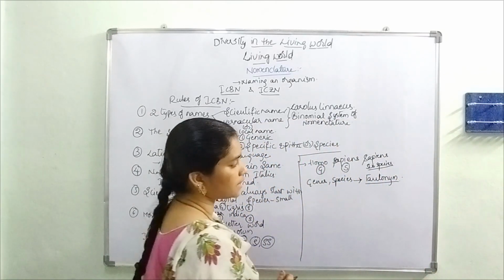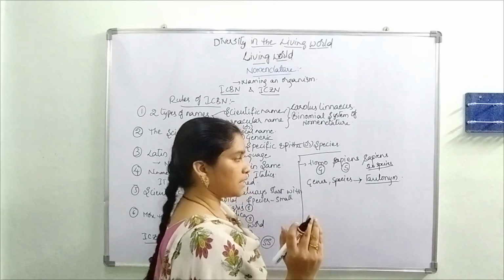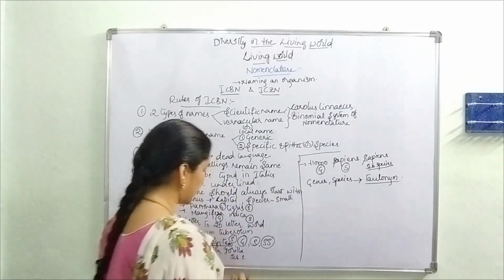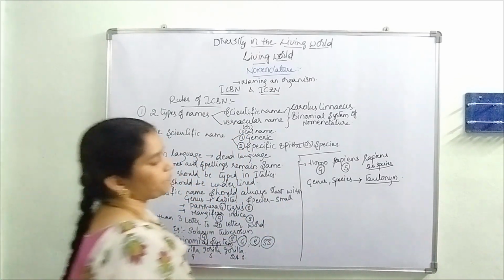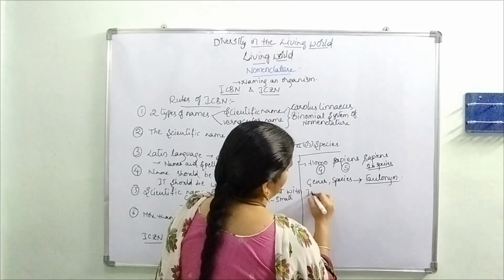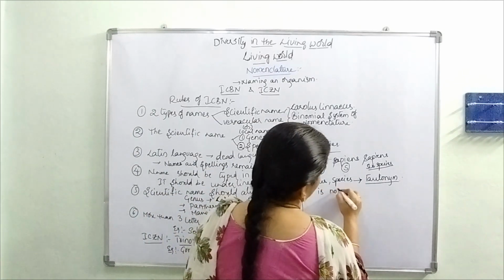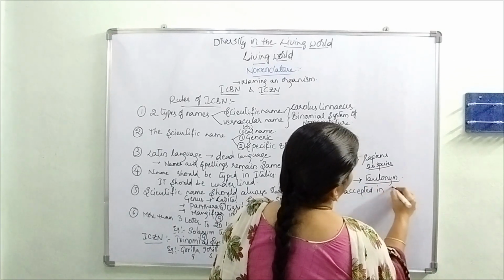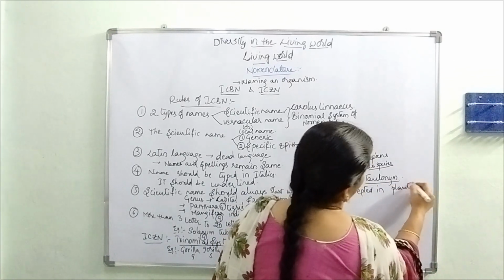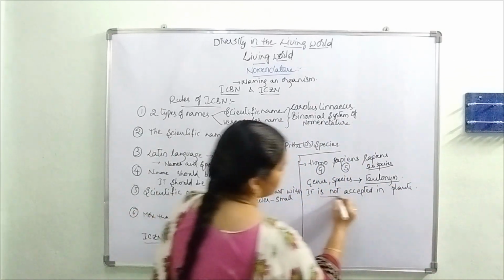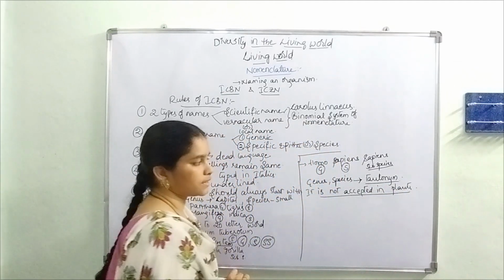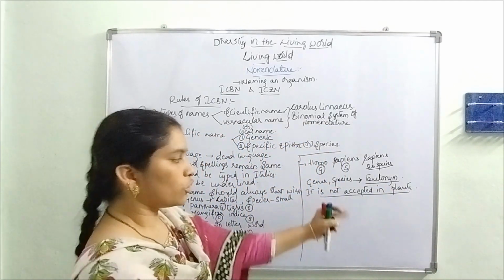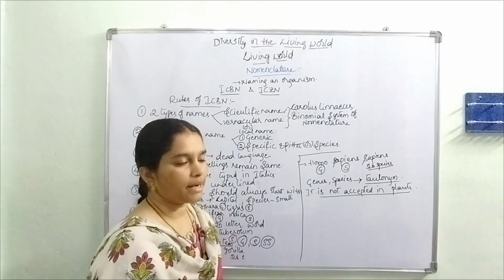Here the genus and species are spelled the same, that is gorilla and gorilla. It is not accepted in plants. The trinomial nomenclature system or the tautonyms are not accepted in plants.